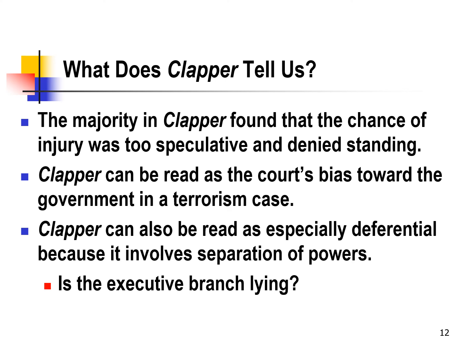The majority in the Supreme Court in Clapper found that the injury was too speculative and denied standing, that there'd be too many different things that would have to happen before the surveillance would happen. Now, we can read this as the court's bias towards government in terrorism cases. It can also be read as being especially deferential because it involves separation of powers.